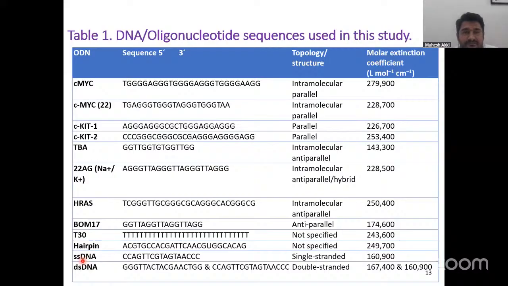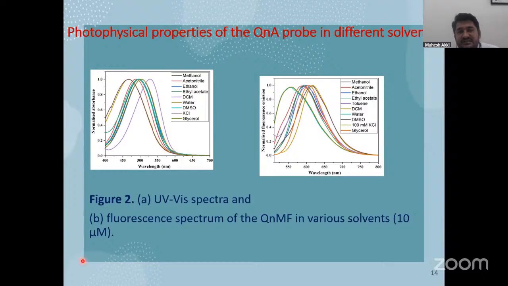The photophysical studies of the compounds were evaluated using different solvents of varied polarity. Here we can see the absorbance and emission of the probe QNA. The quinolinium-based molecule QNA exhibits pronounced solvatochromism, with absorption maxima ranging from 467 nanometer in aqueous media to 528 nanometer in DCM, and emission maxima ranging from 555 to 617 nanometer.